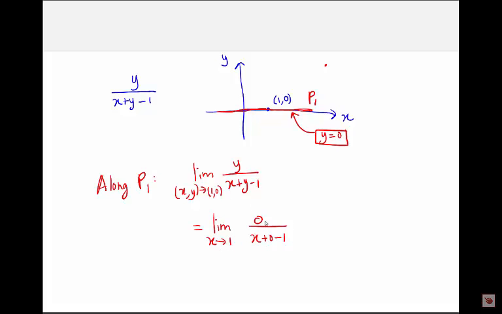But now the function here is 0 over x plus 0 minus 1, which is just 0. Well, notice that the denominator is never 0 because x is never 1. x is only approaching 1. So x minus 1 is never 0. So 0 over something which is not 0 will always be 0. Therefore, now the limit is the limit of 0 as x approaches 1.